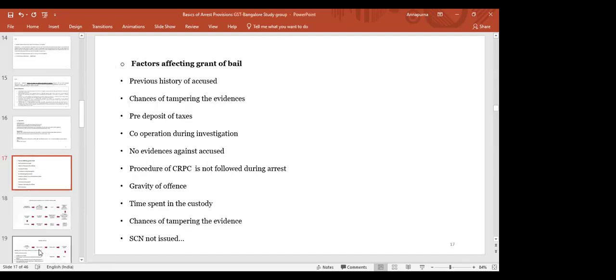I was just taking certain aspects from your book, sir. And what are the factors affecting bail? I think this is from the perspective of the officer, but as a brief, I thought we can think on that.